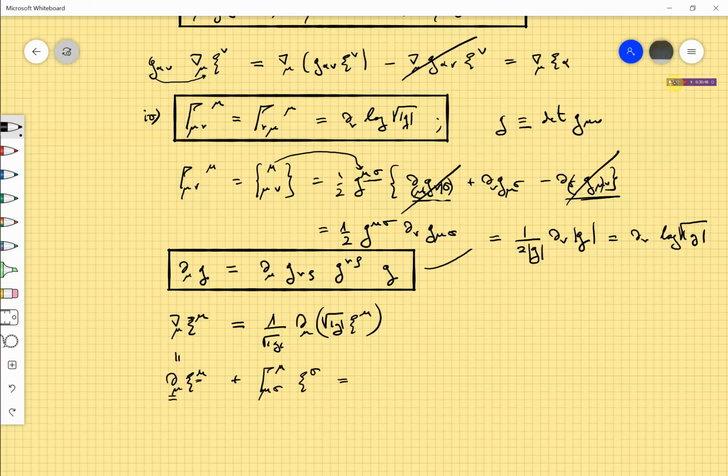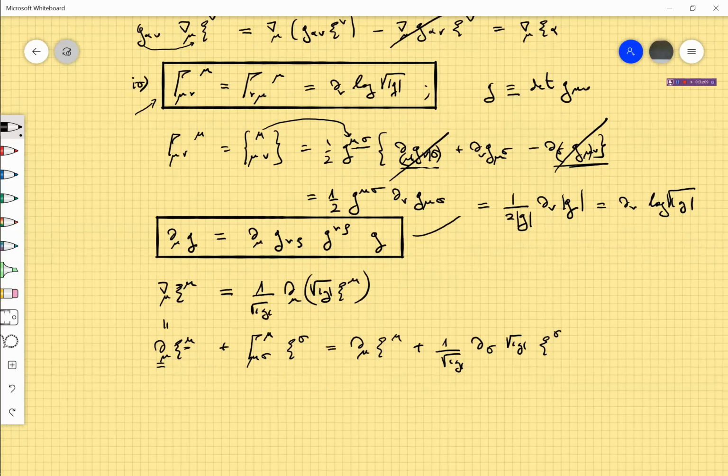And now we use the property we just proved about gamma, well, this property 4, and this is 1 over square root of g partial sigma square root of g psi sigma, and you can immediately see that this is the same as this.